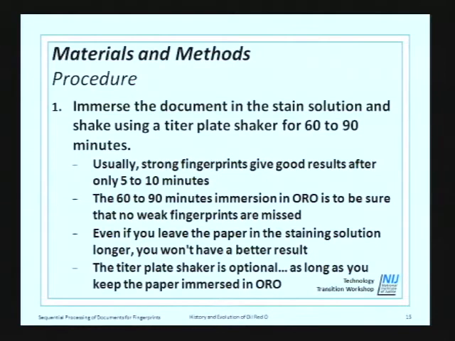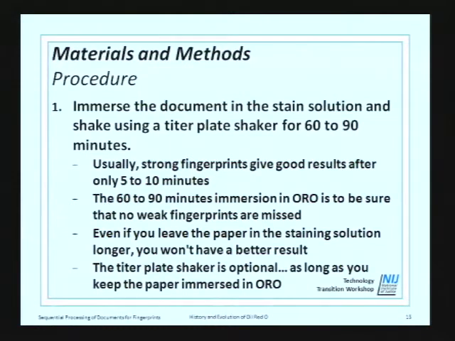The procedure, that is interesting. I put the procedure where you got the things to do, and finally I got some tips. First, you just take your document and immerse it into the solution. You could use a tilting shaker plate, and you leave it in the solution for 60 minutes to 90 minutes. That's it. You don't have to look at it.